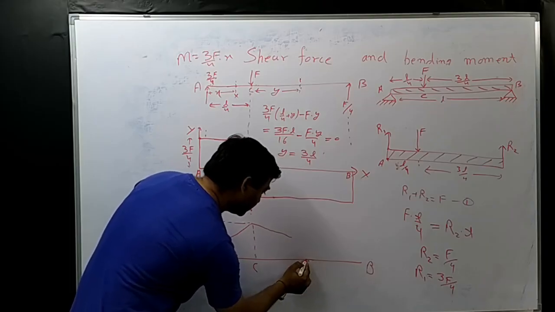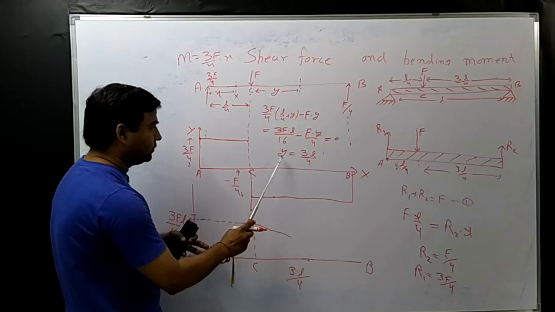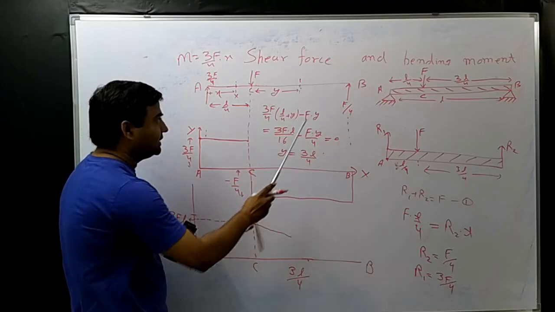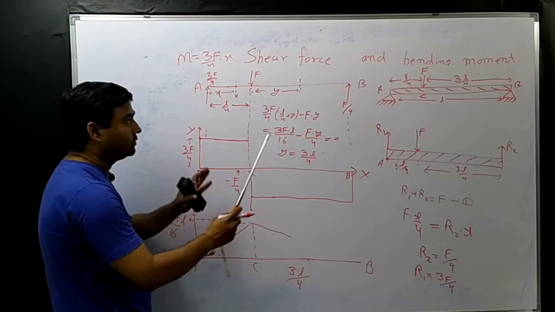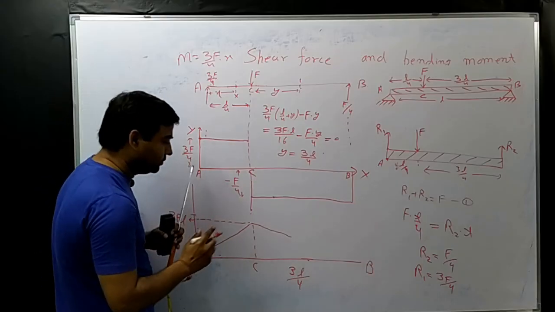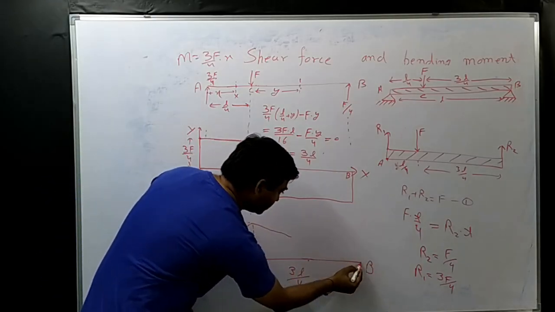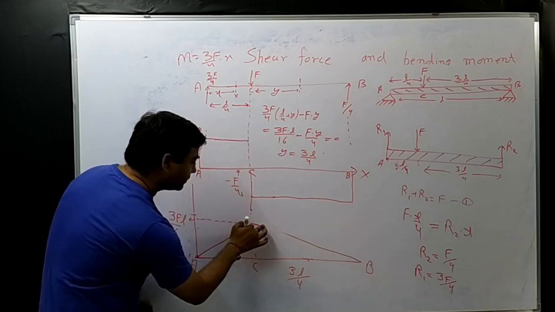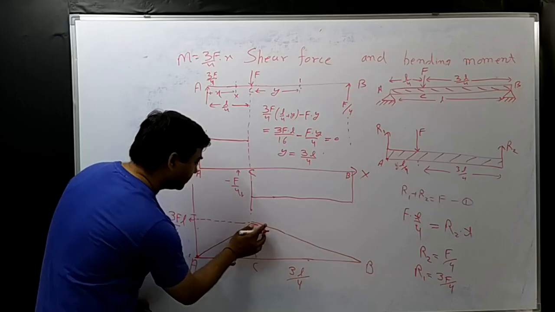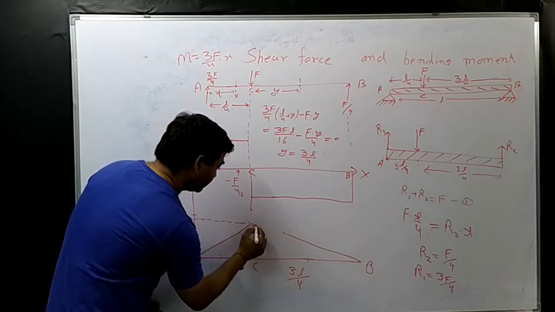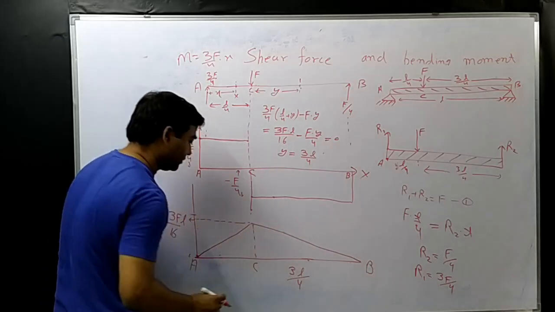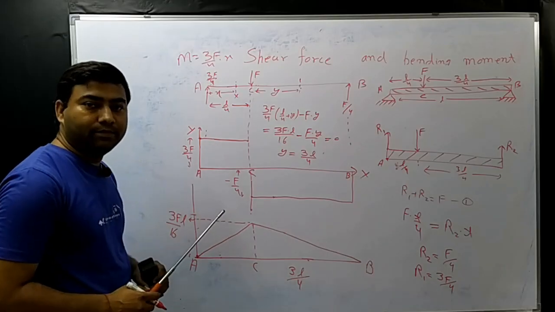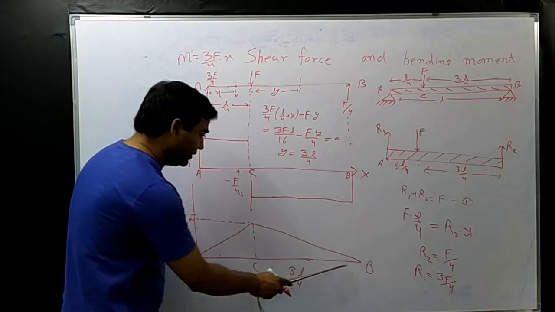After Y is equal to 3L by 4, that means we have reached point B. At this point, the bending moment will be 0. So it will be like this. This is the bending moment diagram between C and B.